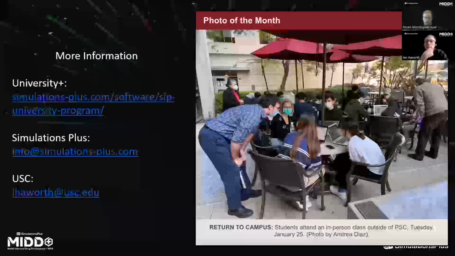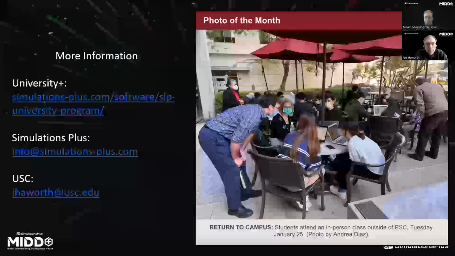So you also have access to ADMET Predictor and some other resources. It's provided for free for academic use to qualifying institutions. And that's really the first key part of being able to run this course is, of course, getting the students and the faculty access. And more information can be found at the link shown there for our University Plus program or by emailing us at Simulations Plus.